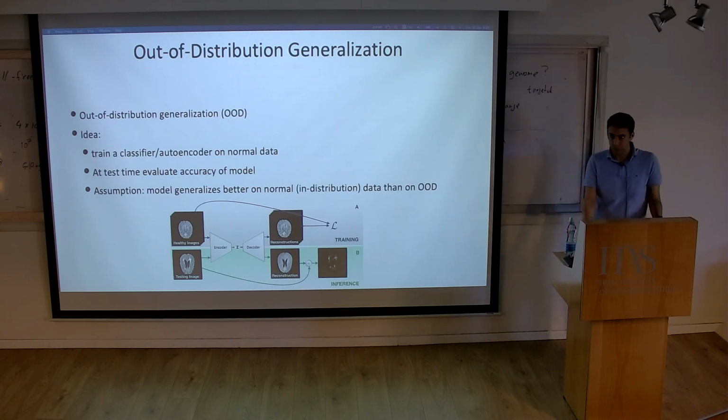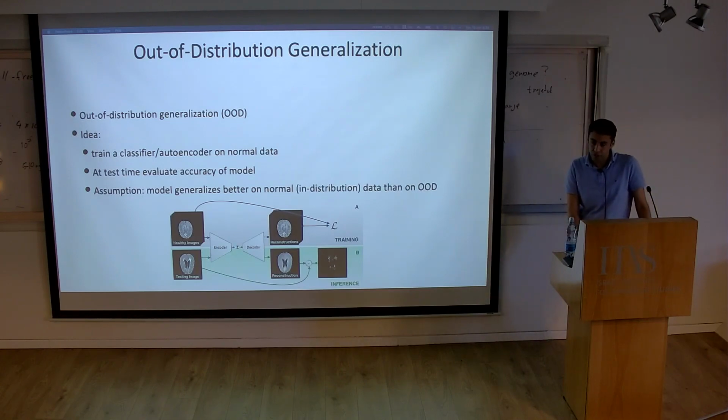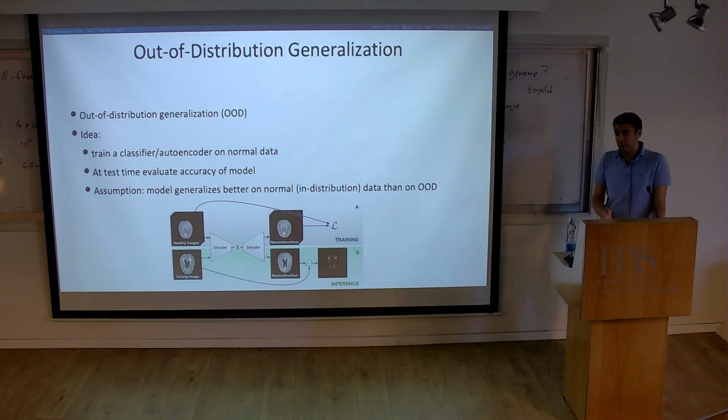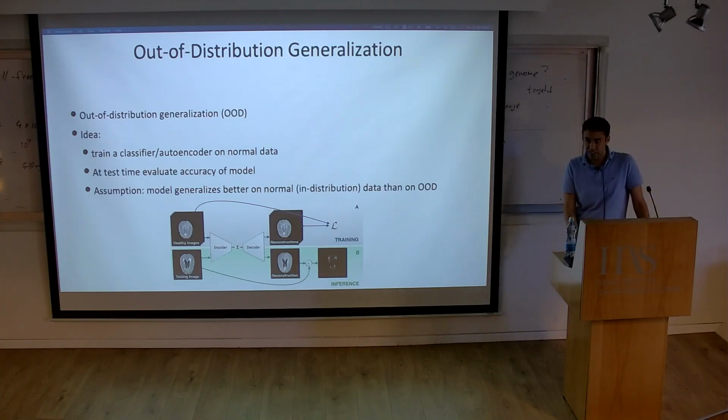Yes, please. Do you know that anomalous data didn't infiltrate your training? So that's a good question. We often make the assumption that it didn't, but we cannot be sure, right? We can say that we believe that our training set is mostly normal, but maybe there are just a few anomalies in the training set.